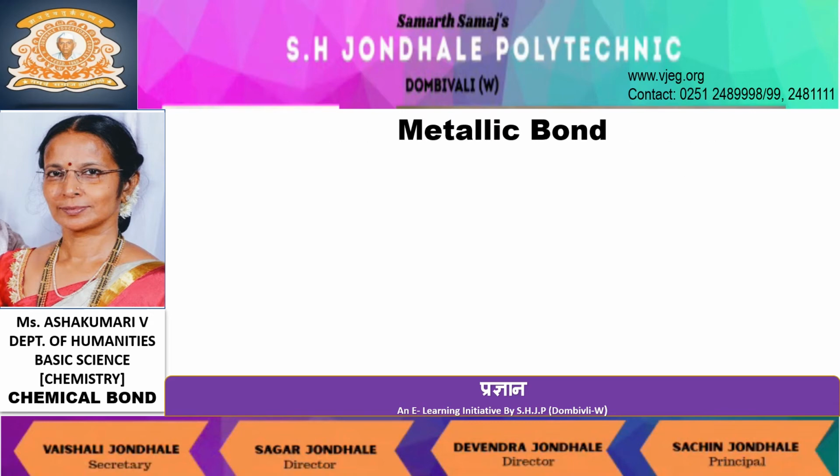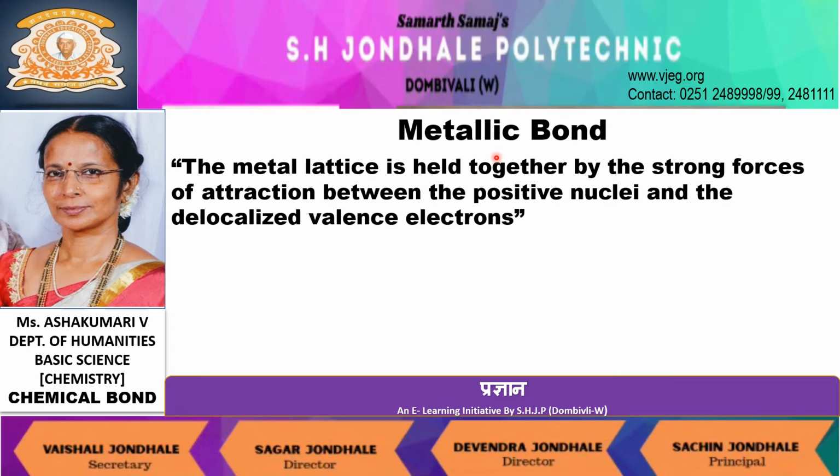We shall now study another type of bond known as metallic bond. In metals, specific type of bond is present, which is called metallic bond. In metallic bond, the metal lattice is held together by the strong forces of attraction between the positive nuclei and the delocalized valence electrons.